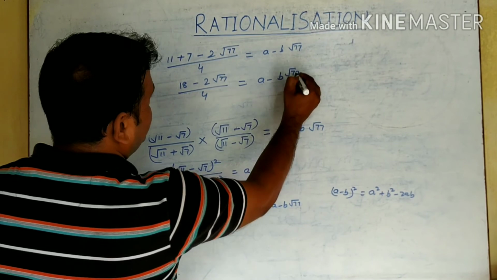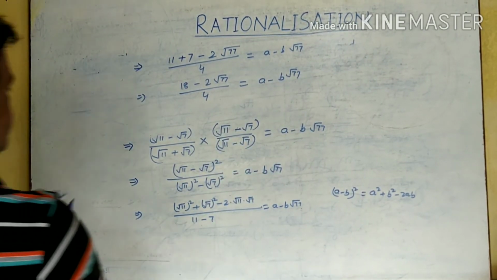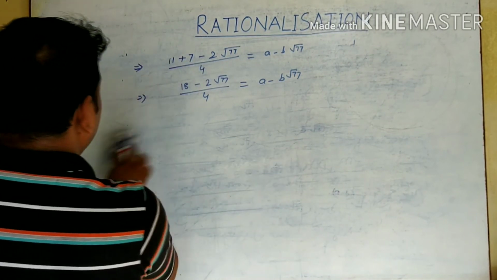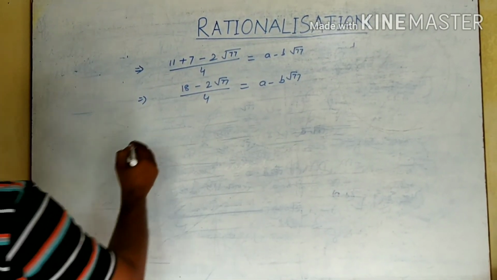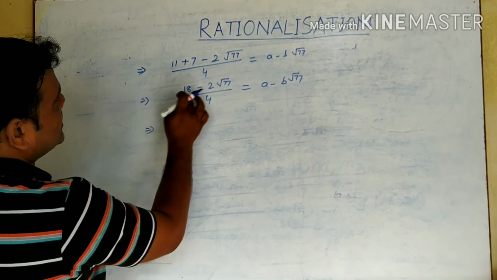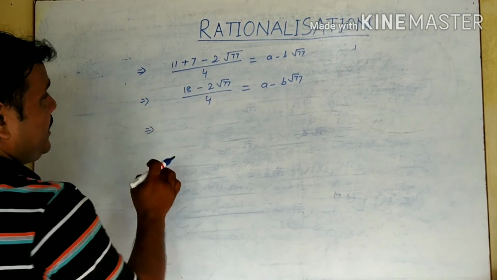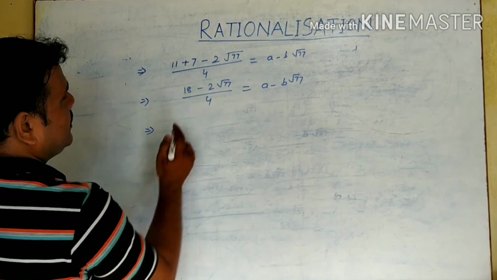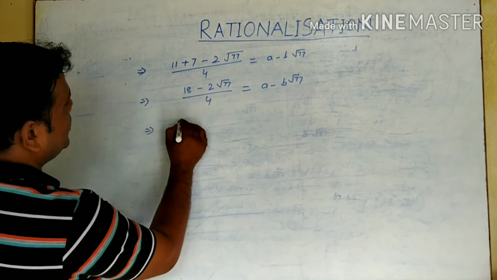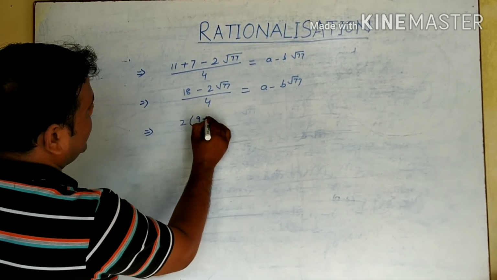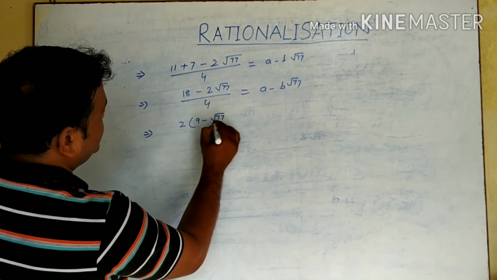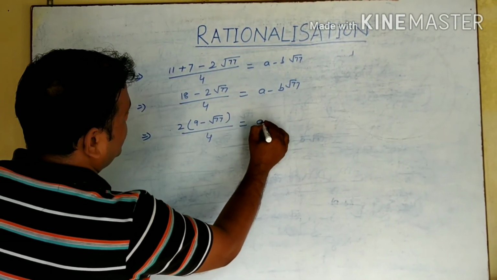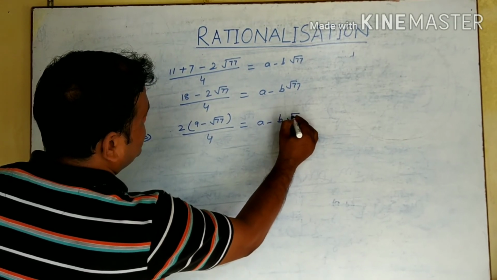See, what you will do is take 2 common here. Don't subtract 2 from 18, okay, it can't be subtracted because the 2 is with under root 77. So you take it common, it will be 9 minus under root 77 by 4, equal to a minus b under root 77.